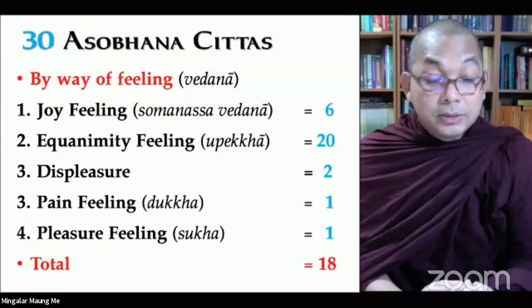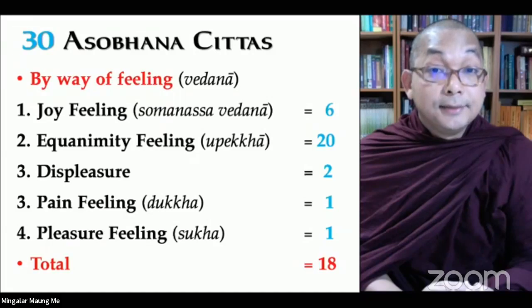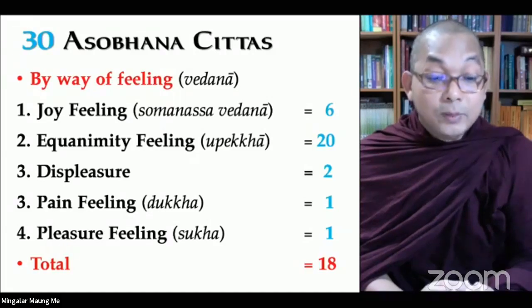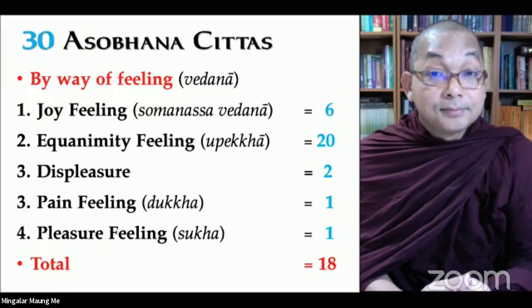But here, we are going to enumerate 12 akusala and 18 ahetuka chittas together by way of feeling. When we talk about joyful feeling, we have 4 joyful feelings in akusala chittas, from lobha mula chitta.